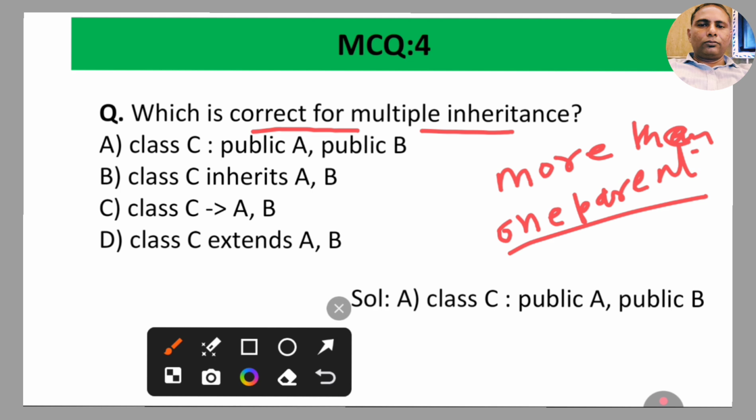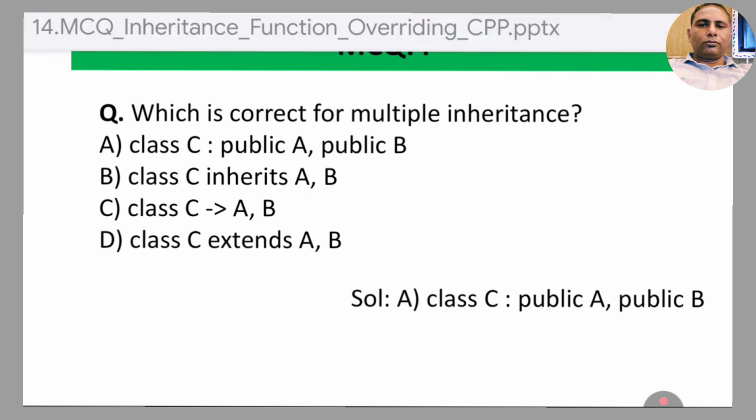In the first option, there is a colon operator, then there are two parents, A and B, and child C is derived. So option A should be the correct answer. In option B, there is no colon operator, no access specifier. In C also there is no access specifier, so this is also wrong. So option A is the correct answer for this MCQ.